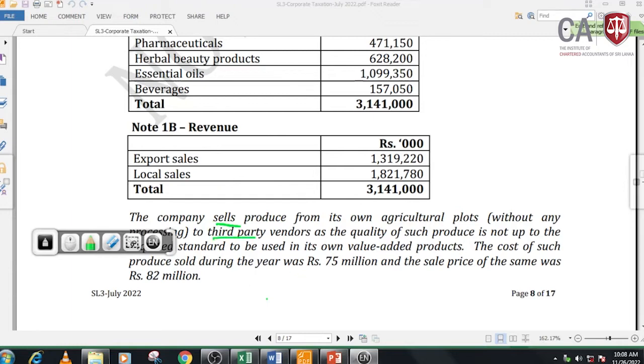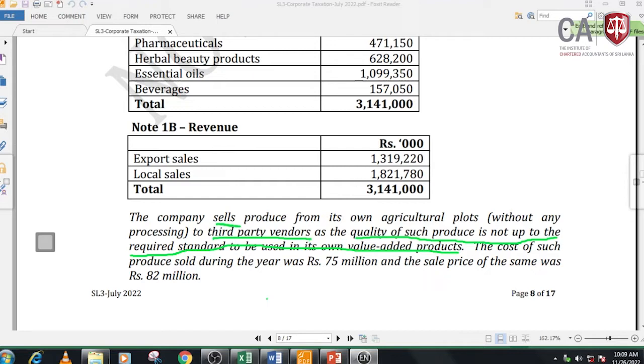To a third party vendor, as the quality of such produce is not up to the standard to be used in own value added products. You can understand this. They are not using their own agricultural produce or agro farming in their herbal manufacturing business. It's not of good quality.